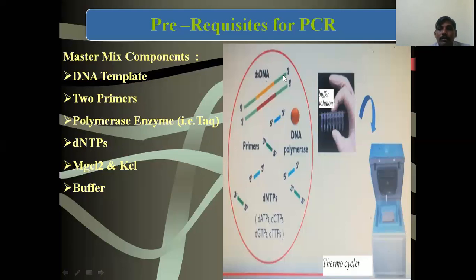These are all taken in a small test tube, PCR test tubes, polypropylene test tubes, as a mixture or master mix components and put in the thermocycler apparatus or device. The thermocycler device is an automated pre-programmed device to conduct the amplification process.